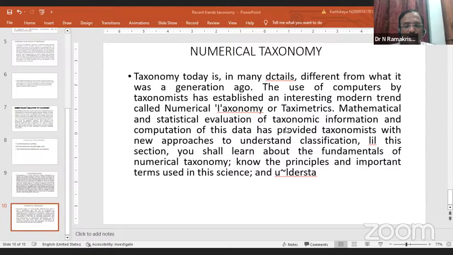The flowers are actinomorphic, bisexual, rarely polygamous, cymose. See, one more important point here.